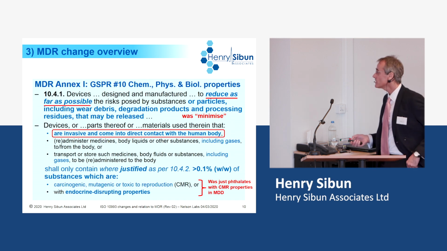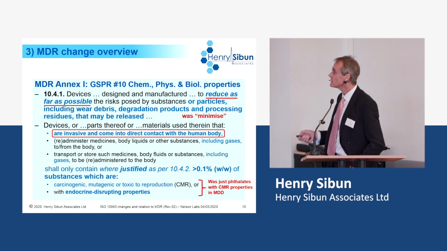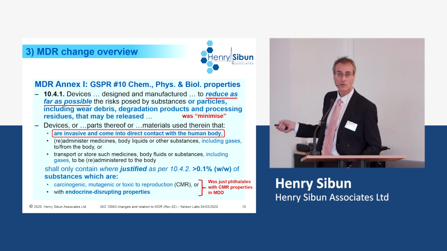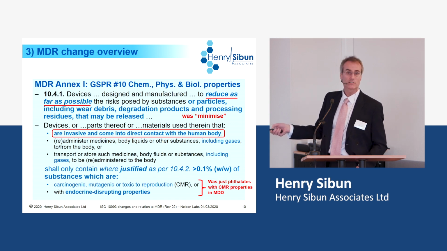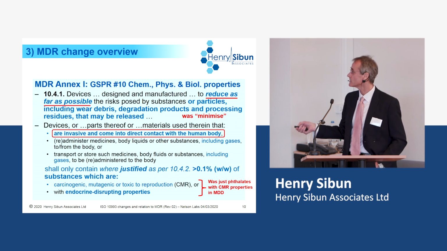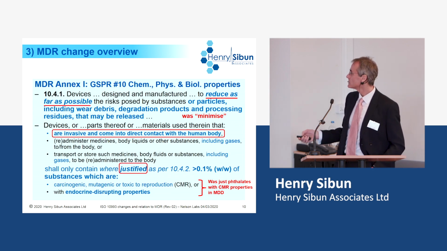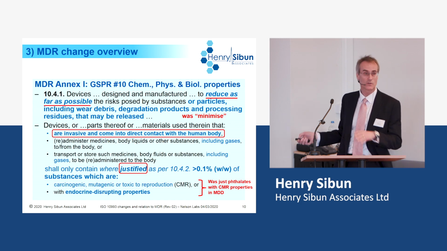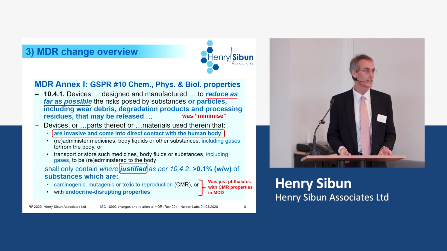The requirement is that they'll only contain these substances. It was just phthalates with CMR properties. It's now all carcinogenic, mutagenic, reprotoxic, CMR, and all endocrine disrupting materials, not just phthalates. And you have to justify their inclusion. It tells you in detail in this next section, which I'm not going to show, how to do the justification.